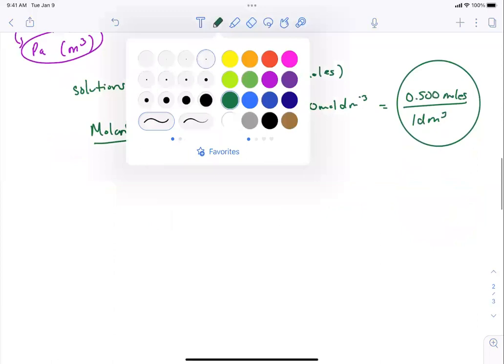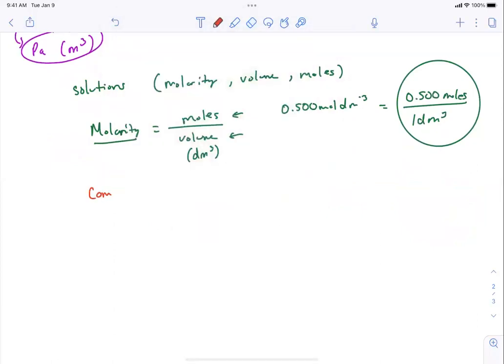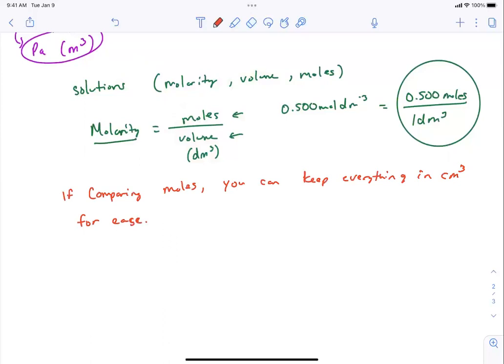Now, I'll say this though. If you're just comparing moles, you can keep everything in centimeters cubed for ease. Meaning that if you don't want to convert to decimeters cubed because you're not actually calculating how many moles you have present, keeping everything in centimeters cubed still works because it's still showing the same ratio.